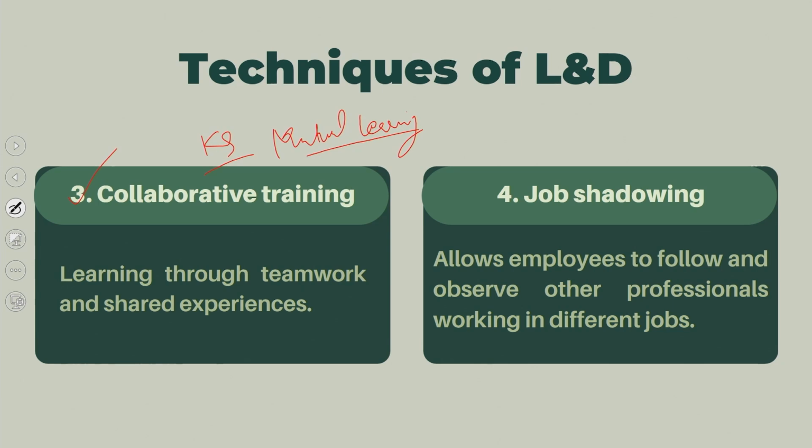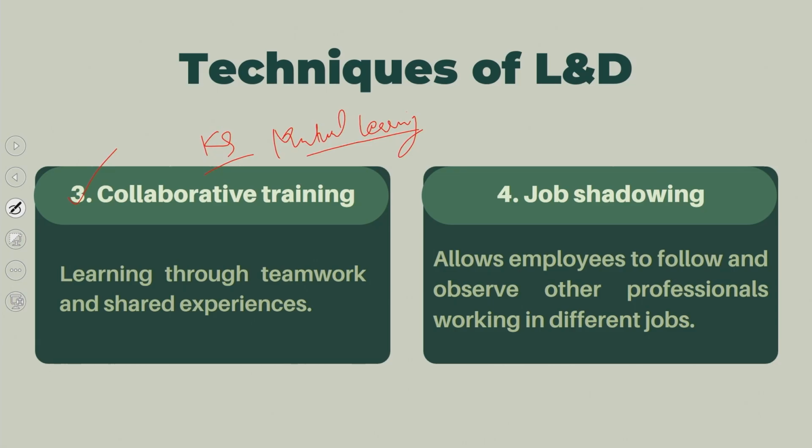Let's also look into the disadvantages of collaborative training quickly. You see group dynamics: ineffective collaboration due to group conflicts or uneven contributions can reduce effectiveness. Like spaced learning, this is also a time-consuming process. It requires significant coordination and time to complete the group activities.